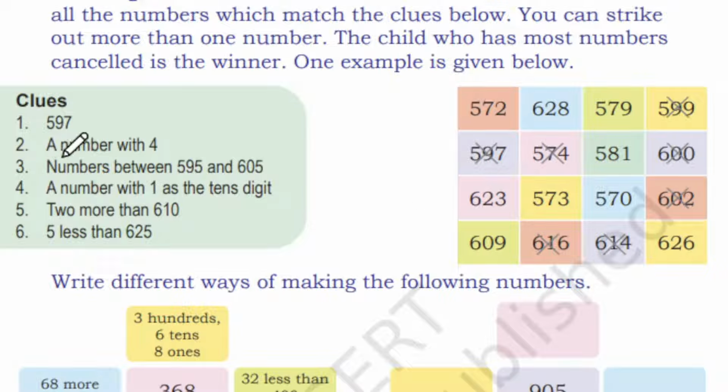The next one, a number between 595 and 605. Which number comes between 595 and 605? You have to find that number and strike it out. Let's see, we have 602 here. So you can strike 602 out, and you have 599 also, you can strike out 599 also.